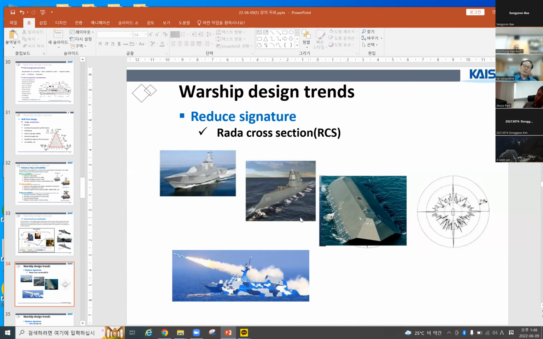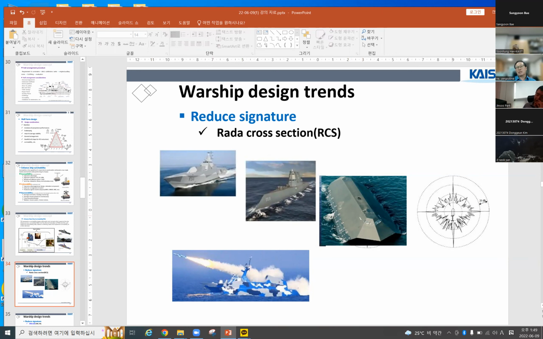So if we incline some angles of the ship structure, the radio signal does not come back but scatters to another direction, so enemies cannot catch my signatures.